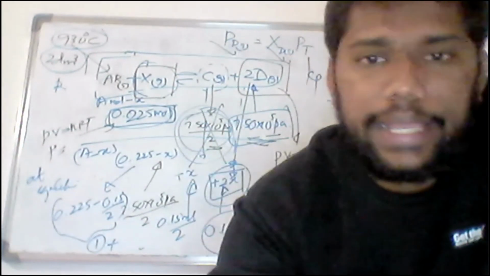And the other thing they are asking is, when you remove D, what is going to happen? To maintain the equilibrium constant, this forward reaction should be favored. So the concentration of C will increase.